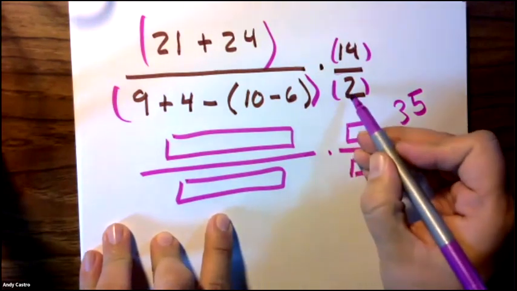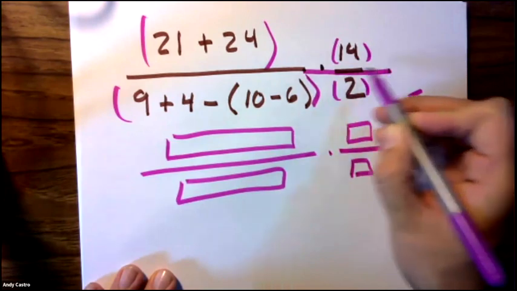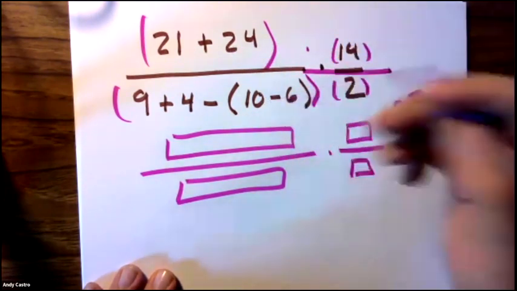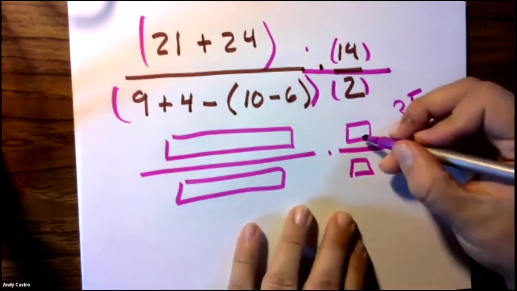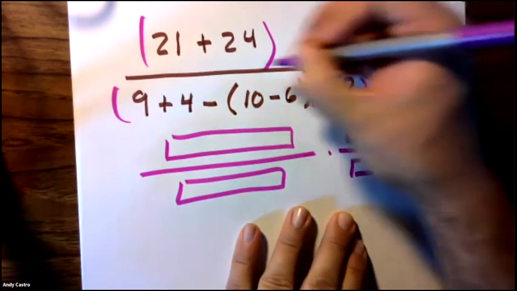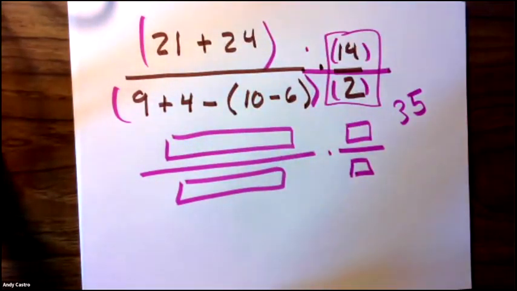So this 2, you can just continue this line, throw a dot there, 14 times this, 2 times this. You can do it that way. You can also treat this as an independent number over here being multiplied by all of this. Either way is valid. You'll land at the same answer either way.